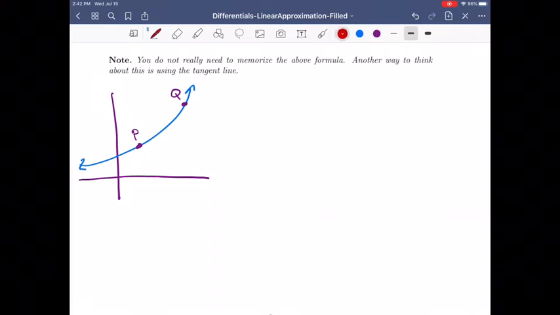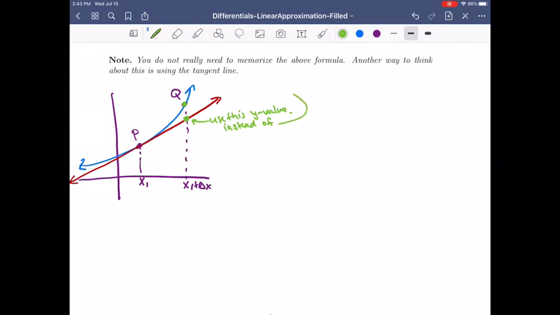We make our tangent line at P, and here is my x, I'll call it x1. Here's x1 plus delta x, some amount over. We're going to use this y value instead of the y value at point Q. That's how we approximate.